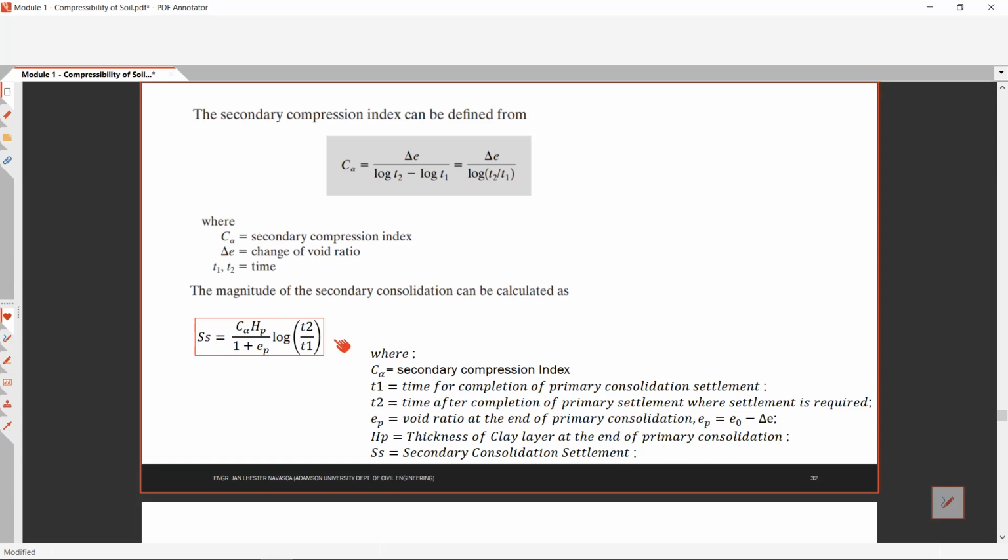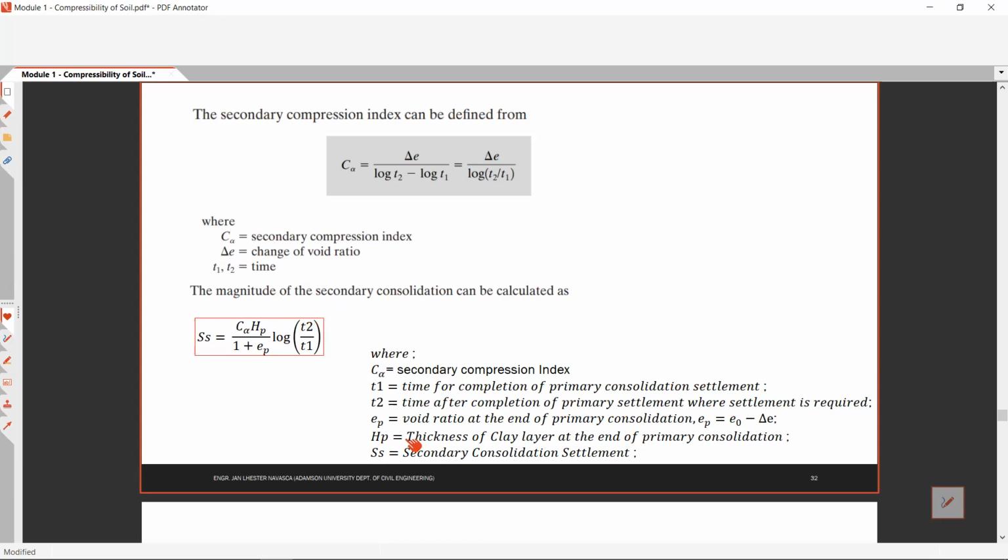So for example, let's say the time when primary consolidation is completed is 1.5 years and you want to determine the settlement after 10 years. You can solve for that secondary settlement, letting t2 equal 5 years or 10 years, 10 years for example.